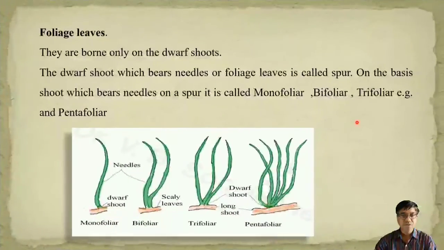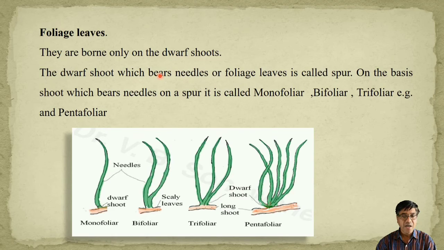Next, foliage leaves. They are found only on the dwarf shoot, forming the spur. When mature, they are needle-like, tough, green in color, and their surface is smooth. Their number varies from 1 to 5 or more and they remain attached for many years, say 3 to 10 years.